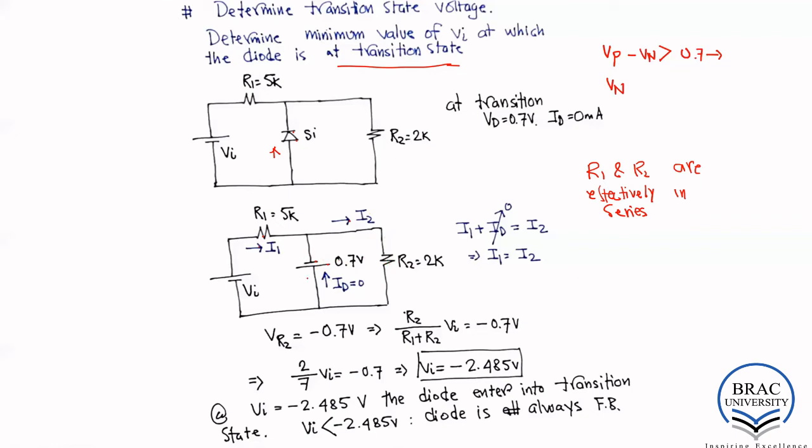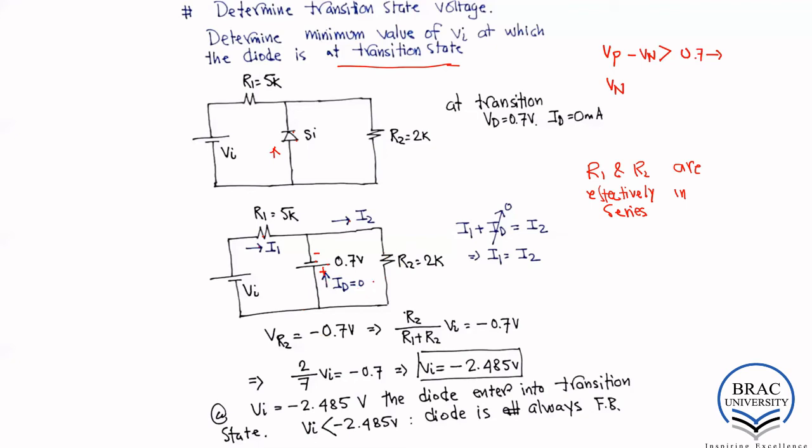Since the diode voltage is 0.7 because it is in transition state, the voltage across the resistor will be 0.7. Since the diode orientation is in the opposite direction, we can say VR2 is equal to minus 0.7.